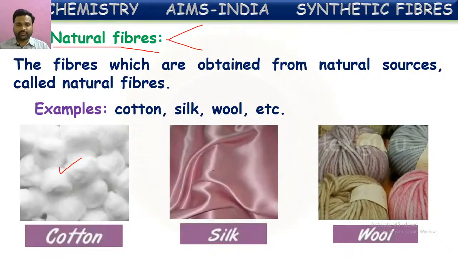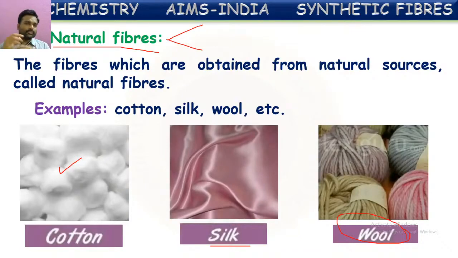If you see silk, silk is obtained from silkworms. Silkworms come under the animal category, so silk is an animal fiber. Wool is also obtained from animals like sheep and goat, so wool also comes under animal fiber.